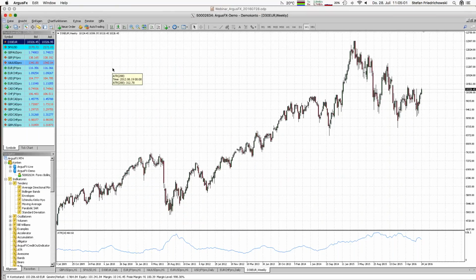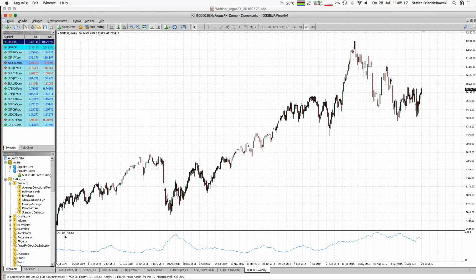So, because the participant mentioned he's working on a weekly base, I now go simply to the DAX, for example, and we have here the DAX as a chart on a W1 base.